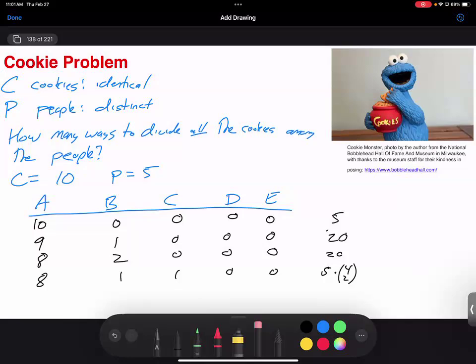So maybe as a multinomial coefficient, it's 5 factorial. How could I view the 8, 1, 1, 0, 0? I want to view this as 1 factorial, 2 factorial, 2 factorial.